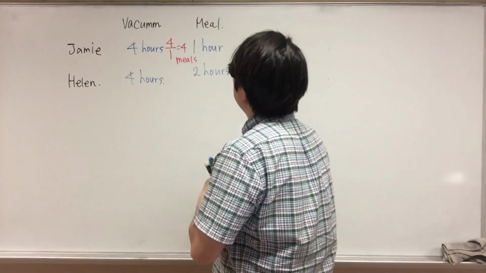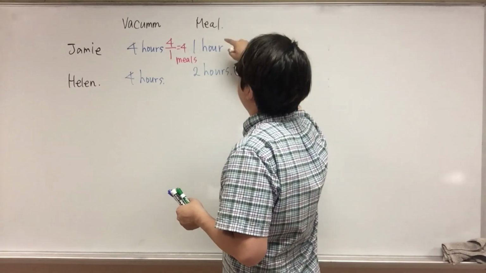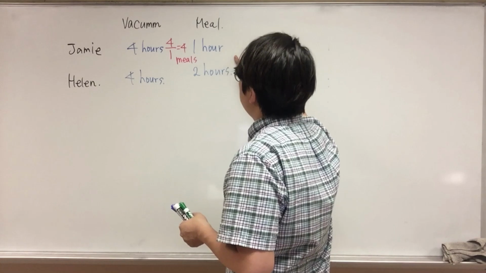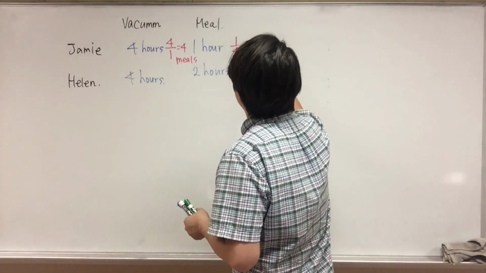On the other hand, if Jamie chooses to make a meal, Jamie should give up 1 vacuum.